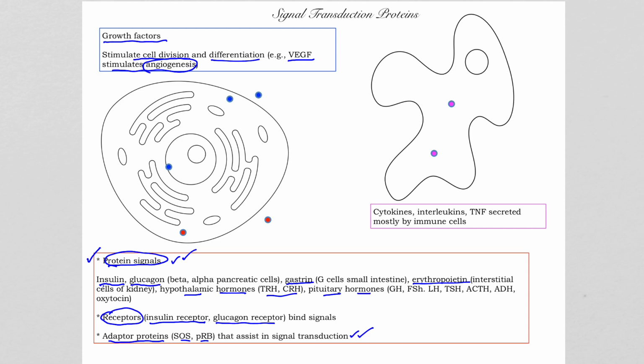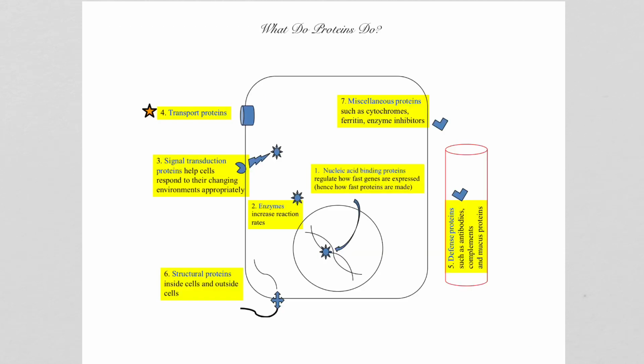And then we have protein signals such as cytokines, interleukins, tumor necrosis factor, and many, many more examples. And these are proteins that are involved in signal transduction, which are secreted mostly by the immune cells, although many other cells are also involved in their synthesis as well as secretion.